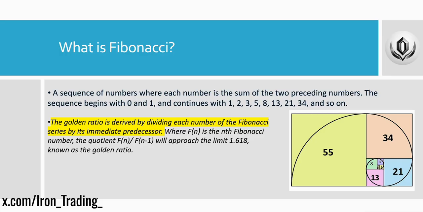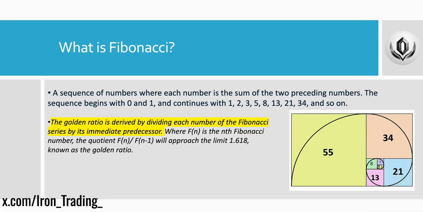And what we care most about in trading is the golden ratio, which is 1.618. There are many more decimal places, but you'll always hear it referred to as the 618 or the 1.618. You get this number by dividing any number in this sequence, no matter how far in you are, by the number that comes immediately before it.